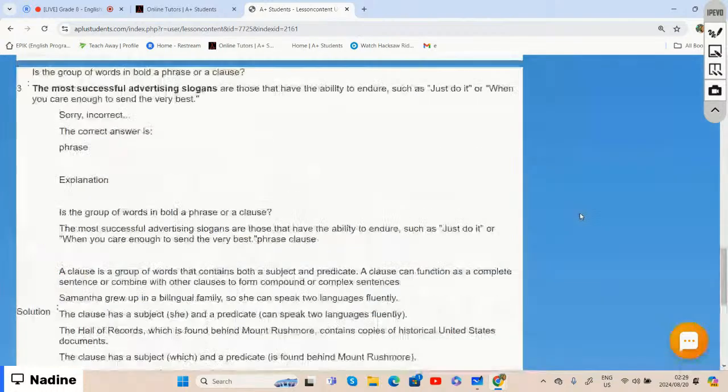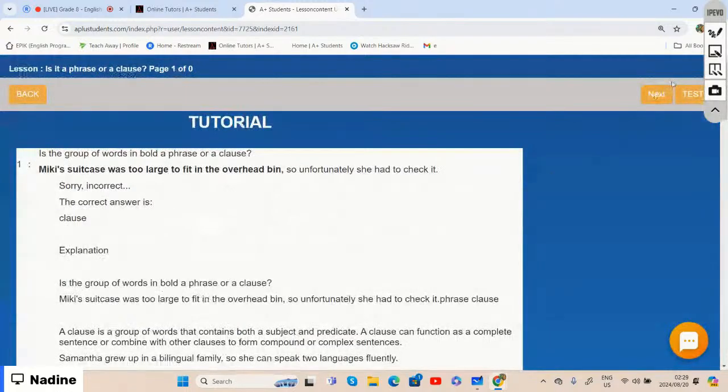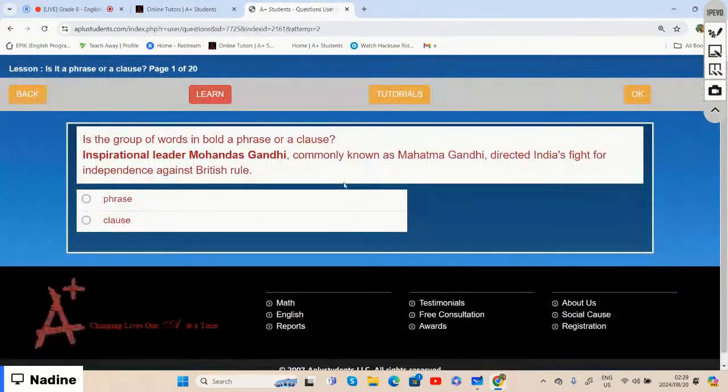All right, so now we're going to a test. We need to say, is the group of words in bold a phrase or a clause? It says inspirational leader Mohandas Gandhi, commonly known as Mahatma Gandhi, directed India's fight for independence against British rule.